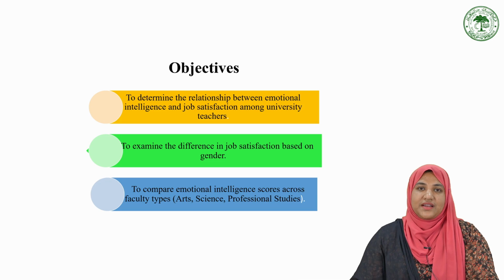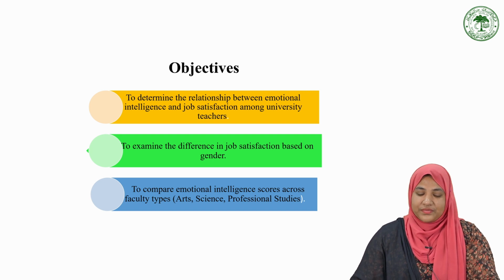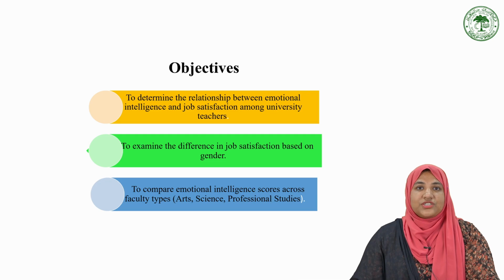That means, is there any significant difference in the job satisfaction level with respect to gender? Next one, to compare the emotional intelligence scores across the faculty types. We have taken 3 faculty types, that is arts, science and also professional studies. So these are the 3 major objectives that we have framed.